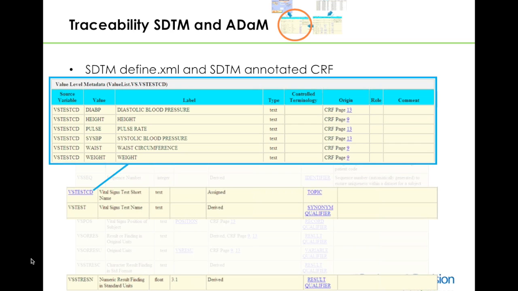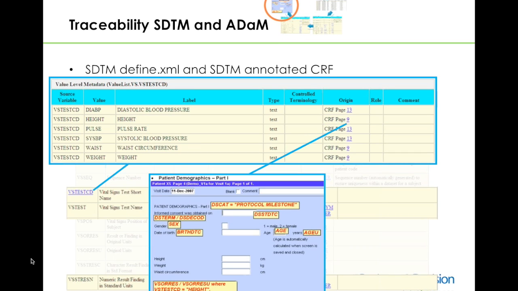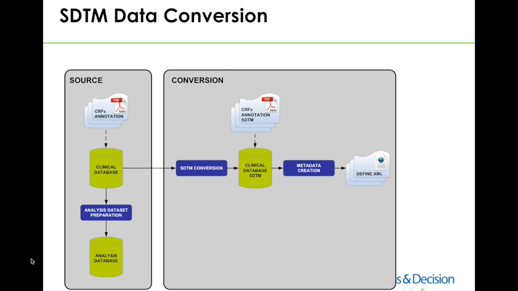And clicking on the hyperlink for your VS test code, you will be able to find exactly which CRF page they were taken from. So there we've made the complete link again, and we have complete traceability between your SDTM, your ADaM, and your analysis results, which is a very important part for the submission.